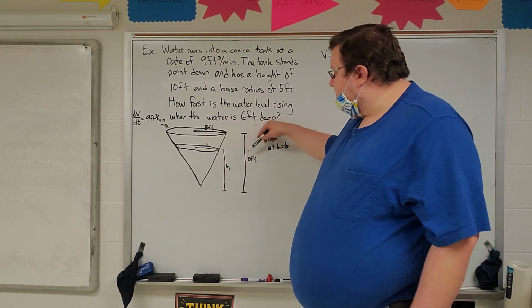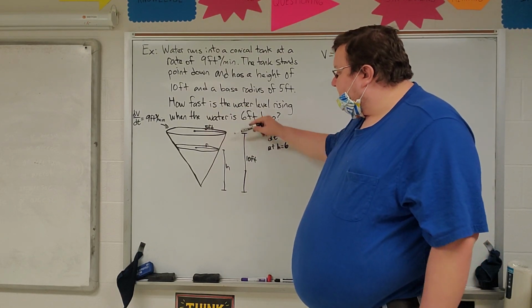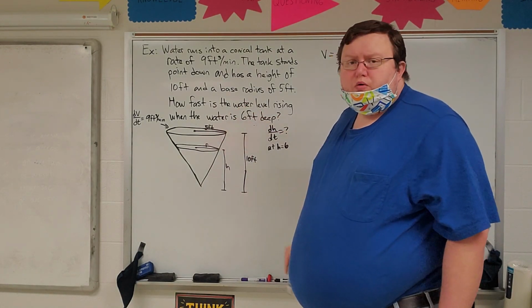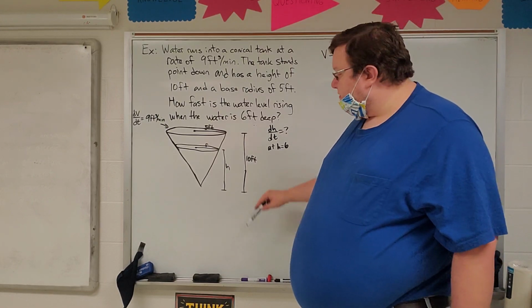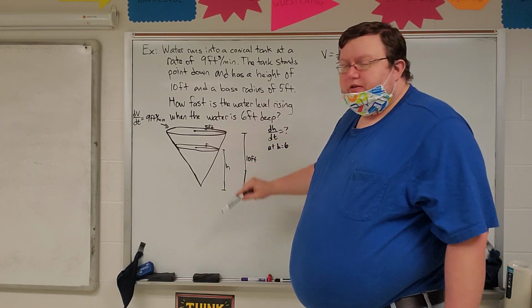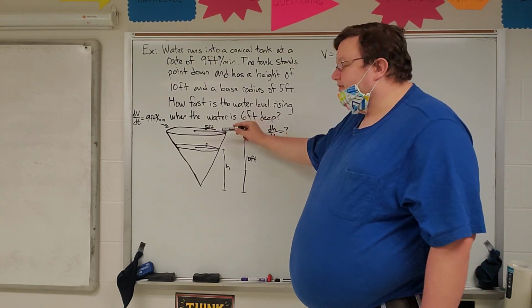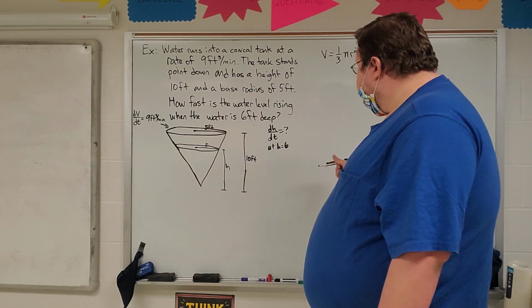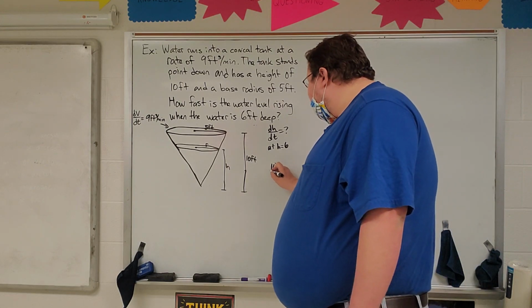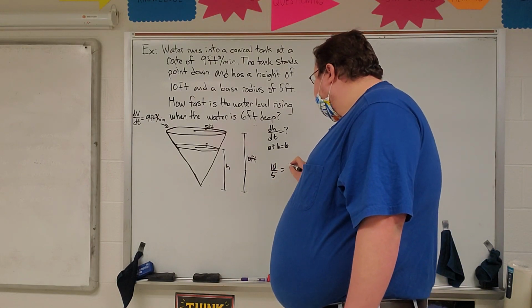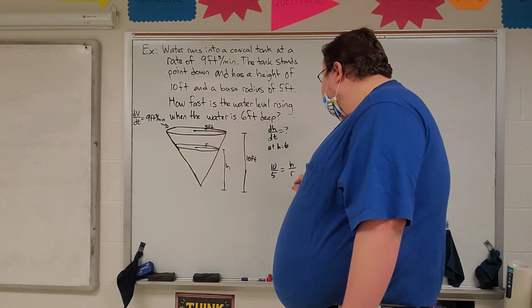So the ratio of 10 to 5 for the height to the radius is proportional throughout this whole problem. So even here at 6 feet, the radius would then be 3 feet. In other words, 10 to 5, you see that it's half that. So that ratio of 10 to 5 is the ratio of the height to the radius.